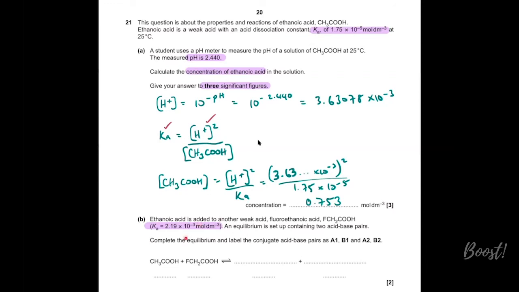We're focusing on the 10 to the minus 3 and the 10 to the minus 5. 10 to the minus 5 is much smaller and this is larger, which means that the fluoroethanoic acid has a larger Ka, meaning that this is a stronger acid because the equilibrium is shifted more towards the right compared to the other one. So that means that this is our A1, our first acid, and that the ethanoic acid is acting as our base.